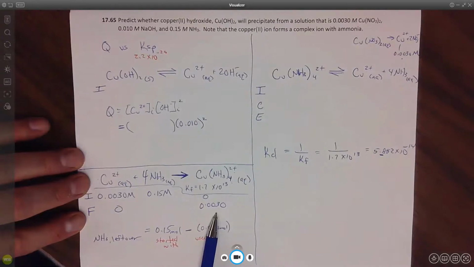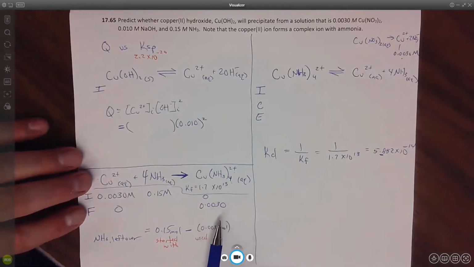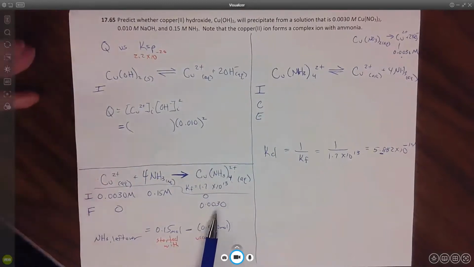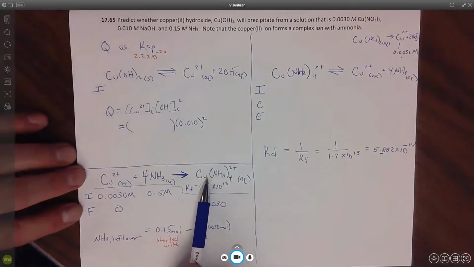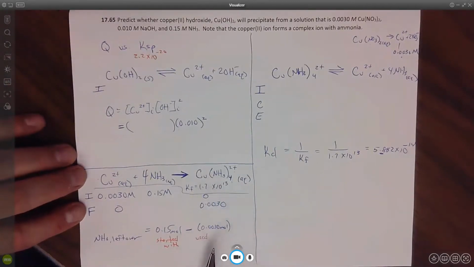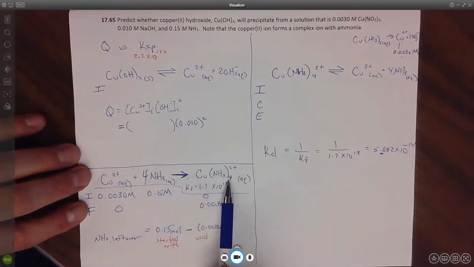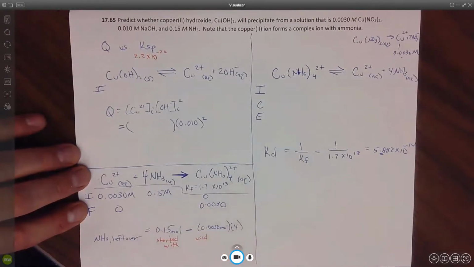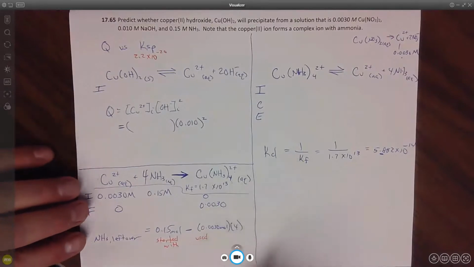I'm asking if I made this many complex ions, right? So that means I had to use that many ammonia molecules at least. But how many ammonia molecules did it take to make each one of these? Did it take 4 molecules? Took 4 each. Each one, I needed 4 ammonias. So times 4. Does everybody get that?